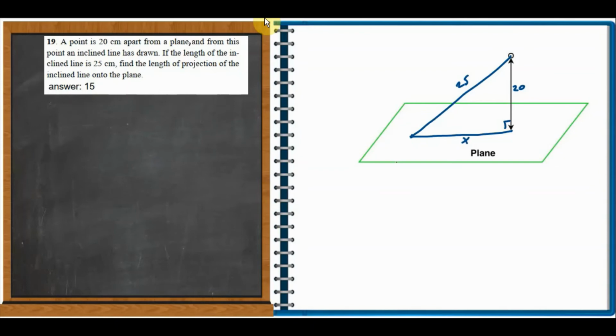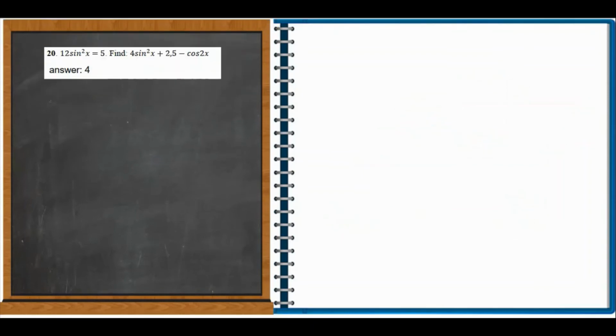But before using it, we need to know that 20 and 25 can be simplified by 5, so we'll get 4, 5, and we know that the third part must be 3. Now, if the scale factor of these two similar triangles is 5, we will write x equals 3 multiplied by 5, which is 15. So the correct answer is 15.